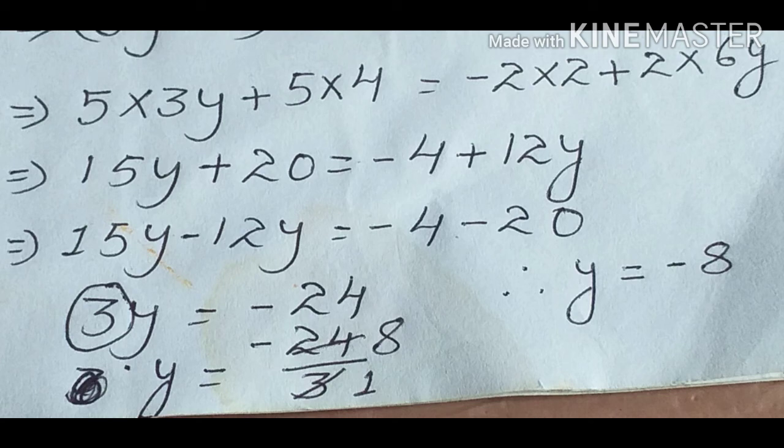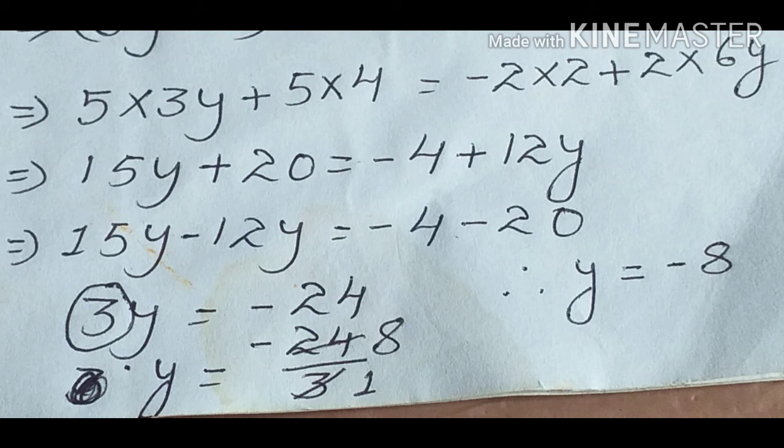If you change the sign, it will become -12y. Clear? Now equals to -4, keep it as it is. Now the number in the left hand side, plus 20, if you transfer it, will be -20.